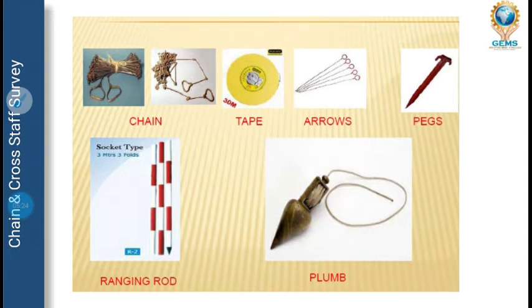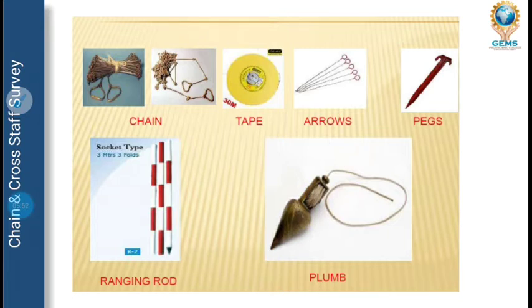So as you can see in the diagram, it's given chain, tape, chain. Why is the chain used? Just to measure a linear measurement. Tape also, where linear measurement is done. Arrow is used for marking while you are doing chain surveying. Then pegs, in Hindi it is simply like a khutta, like where you tie your cow and buffalo.